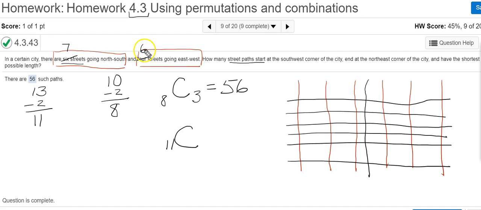And our 6 here is going to be 1 less than 6. It's going to be a 5. And let's see what we get there when we put that in our calculators. And that gives you 462, which is the correct answer.